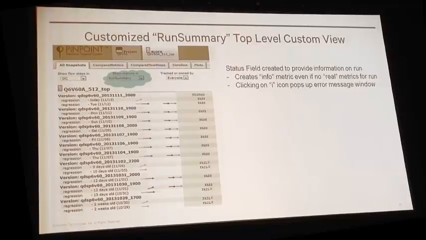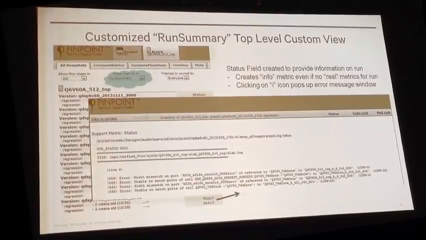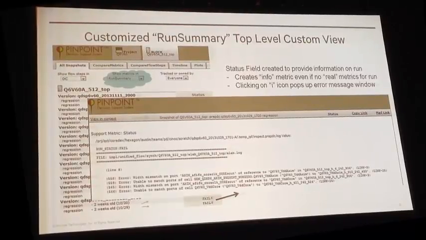So you know which step the flow is at, you know whether it passed or failed, and if it failed, you'll see a little icon there that shows up as an i. Well, you can click on that i button and it will tell you the reason and the error that it failed. So this is all stuff that we worked with the Pinpoint team to add in, but all the hooks were already there, and we were just able to tie into those hooks to provide the information that we want.